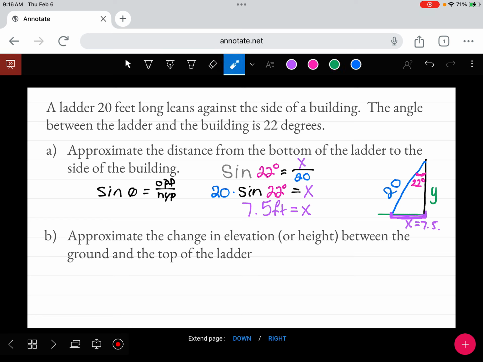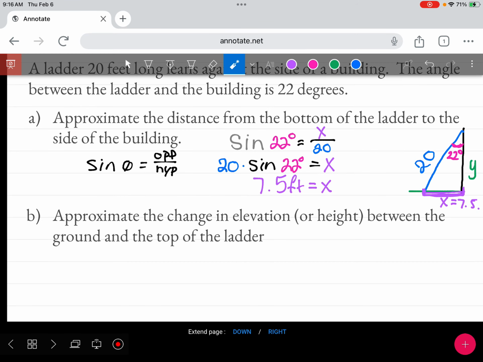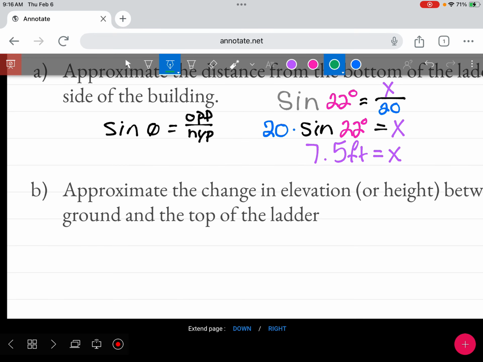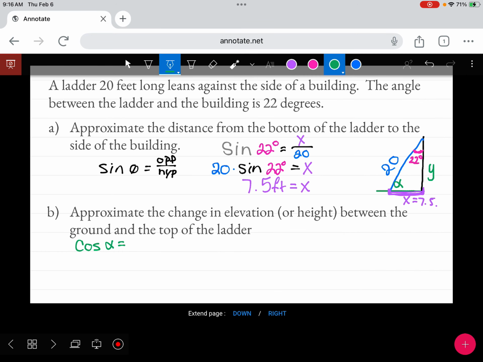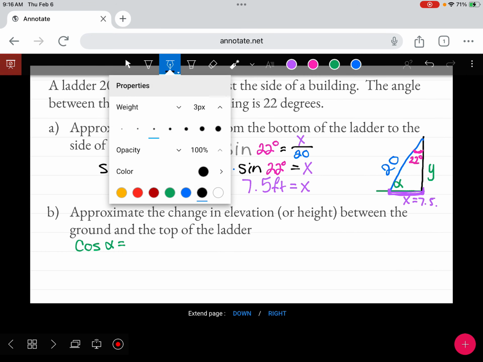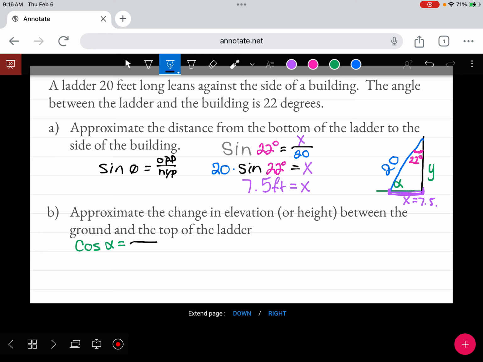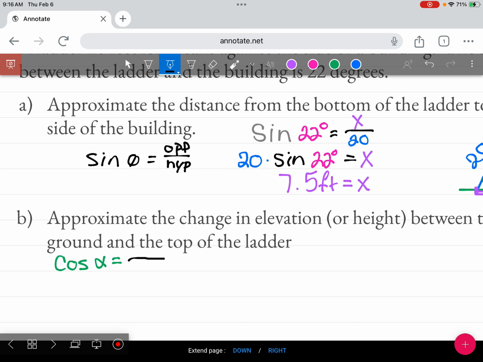We would need to know this angle. So if I want to call it alpha, you could do cosine of alpha, which would be 7.5 over 20. That is an absolutely valid way to approach this. It is kind of the hard way, though.